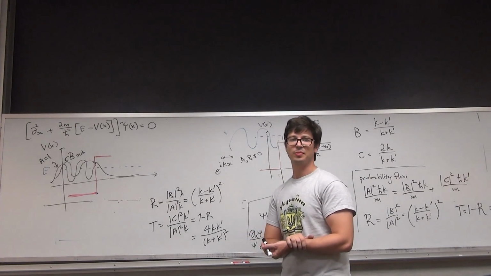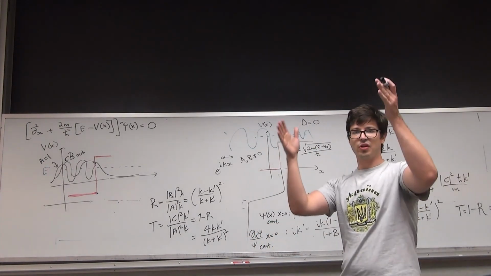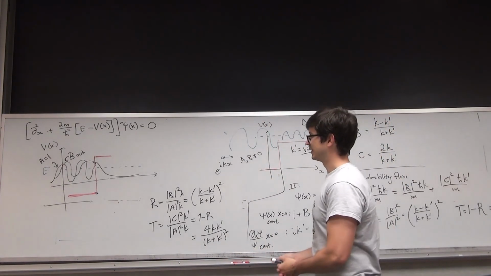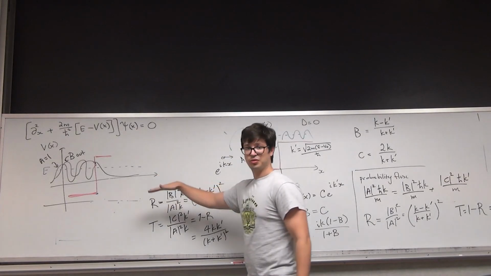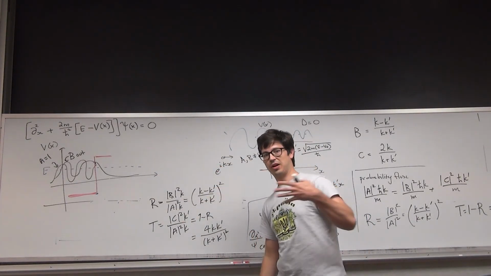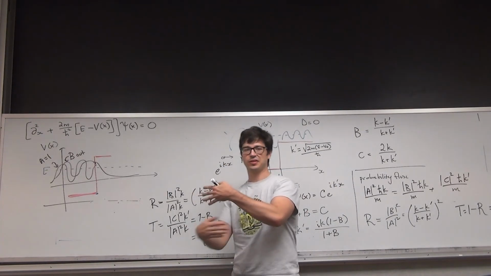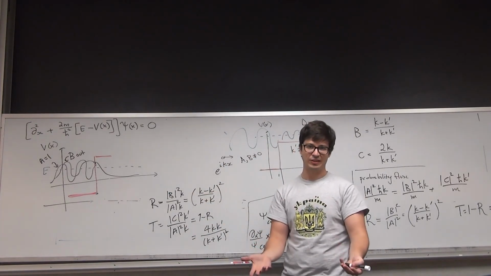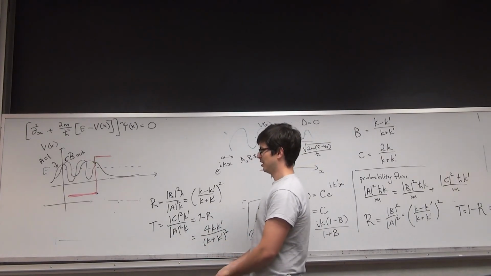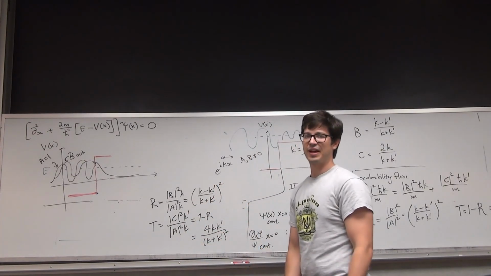Yeah, so that covers the potential step. And the next thing we're going to do is the infinite well, which instead of dealing with these pseudo-eigenstates associated with particles moving in one direction or the other, which are not normalizable wave functions and are not part of our original Hilbert space, but we can still interpret them in this physical fashion.